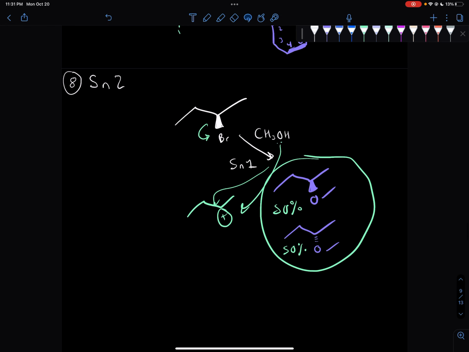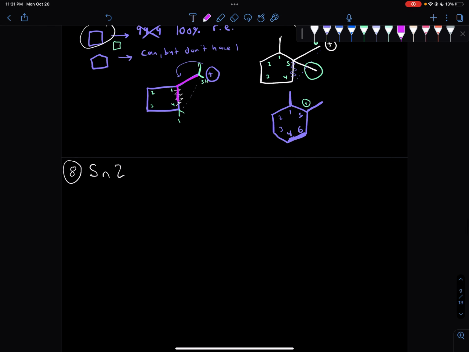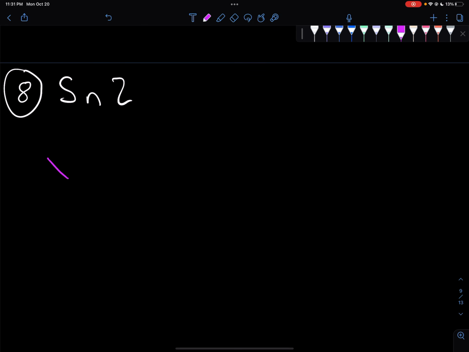Okay, now SN2 should be a little bit easier. SN2 hates sterics for both the nucleophile and the electrophile.